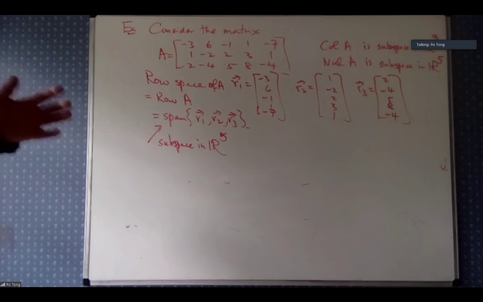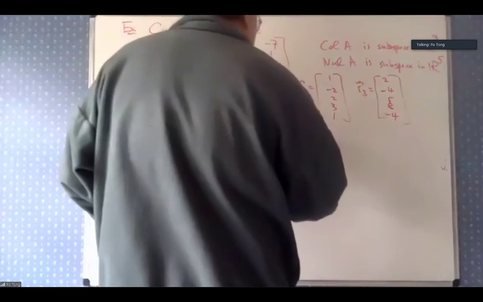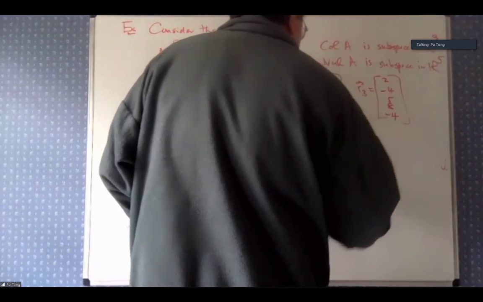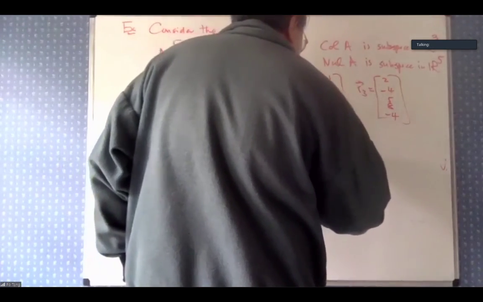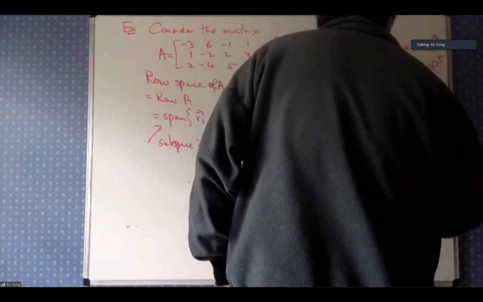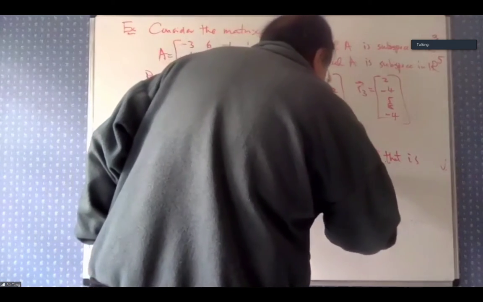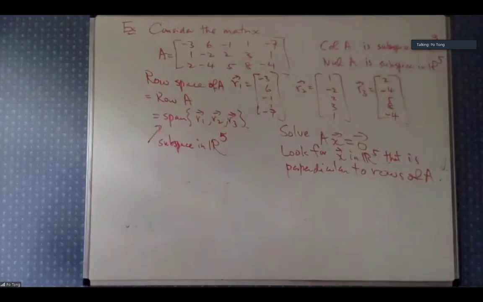Now, I want to convince you of something here. Okay. So when we solve AX equal to 0, it's the same as looking for X in R5 that is perpendicular to the rows of A. Can you guys see that?